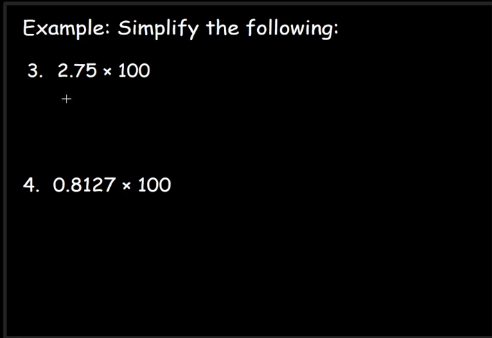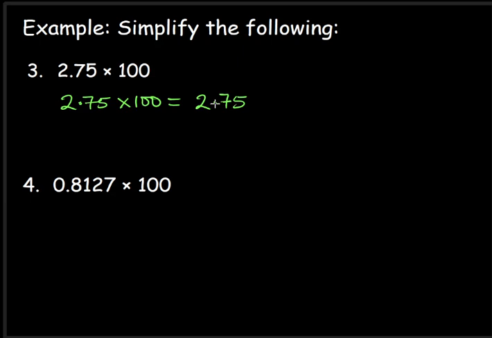Move to number 3, 2.75 times 100. Now, what was the principle? The principle says when you are multiplying a decimal number by a power of 10, shift the decimal point of that number to the right depending on the number of zeros. So we have 2 zeros in the power of 10.